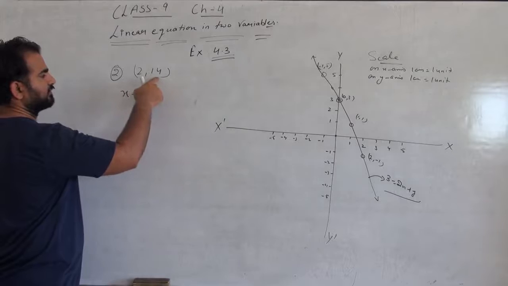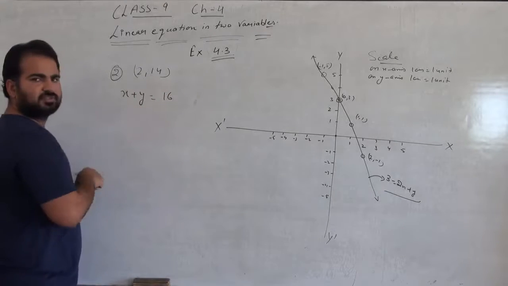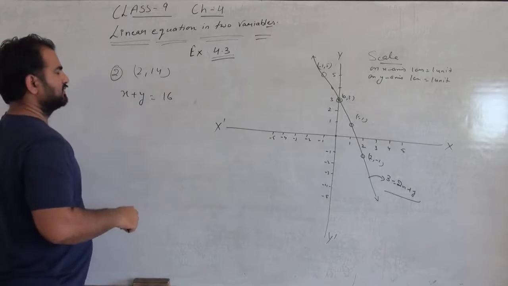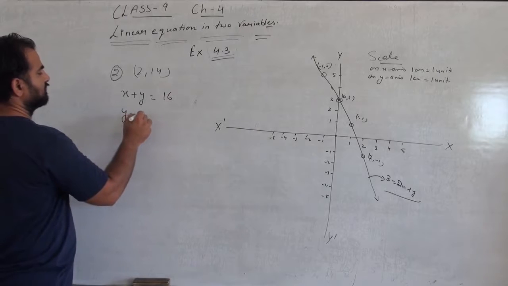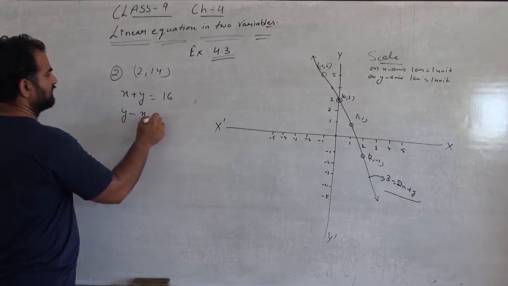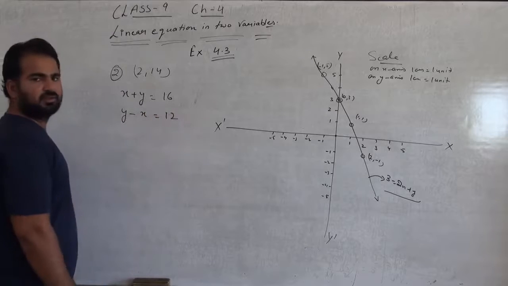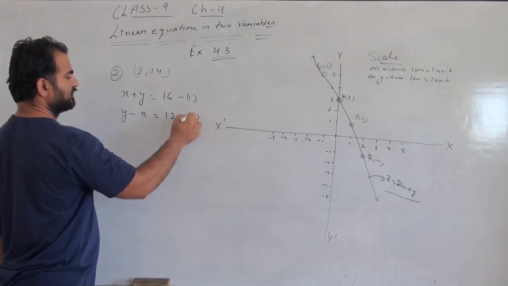What will be x plus y? 14 plus 2, 16. Has this point satisfied this equation? Yes. Or we can say that y minus x equals to 12. It can be an equation also. This is equation number 1 and this is equation number 2.